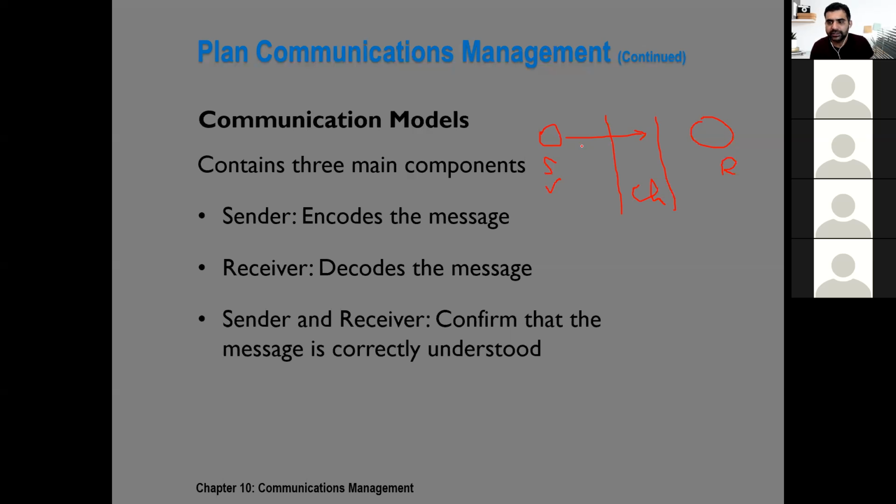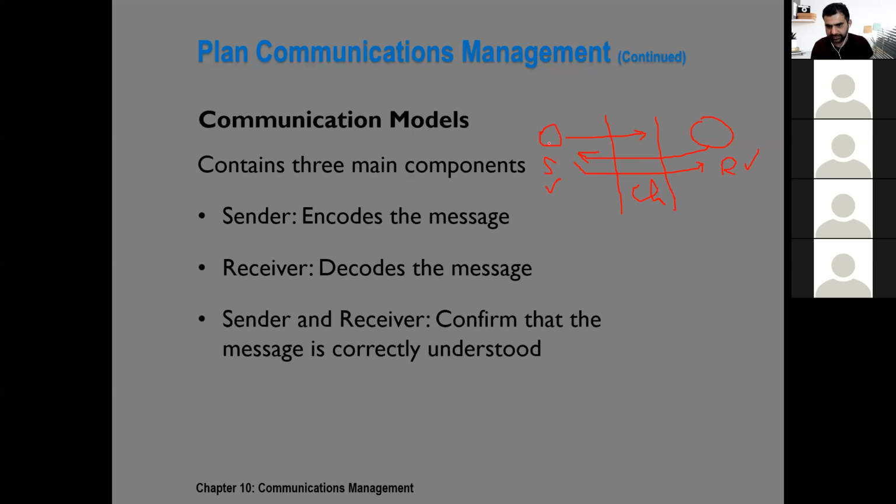On the other side, the receiver receives the message and decodes it. And after that, through the same channel, the receiver confirms that he received the message. Once the receiver confirms that he received the message, the sender may say, okay, I got your confirmation.